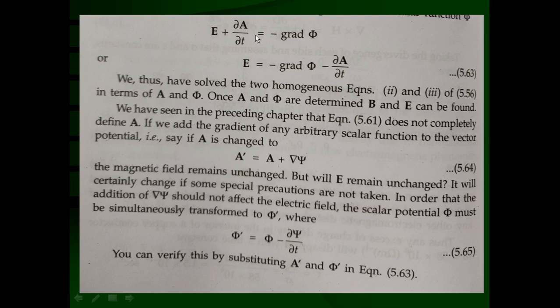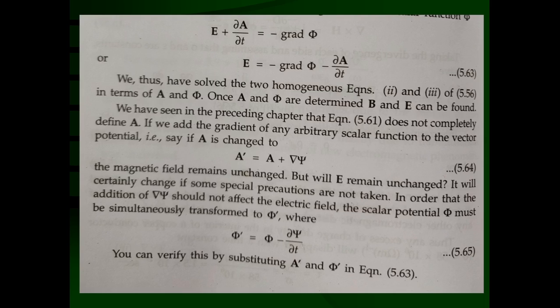So E plus del A upon del t is equal to minus grad phi, and E is equal to minus grad phi minus del A upon del t. We have thus solved the two homogeneous equations 2 and 3 of Maxwell's equations 5.56 in terms of vector potential and scalar potential phi. Once A and phi are determined, B and E can be found.